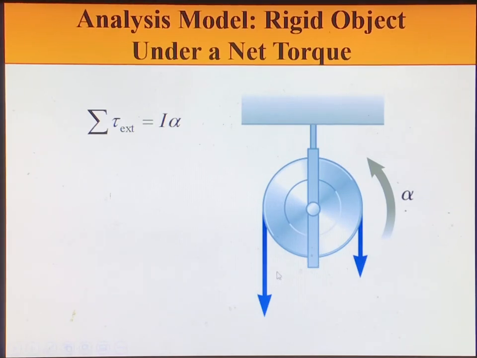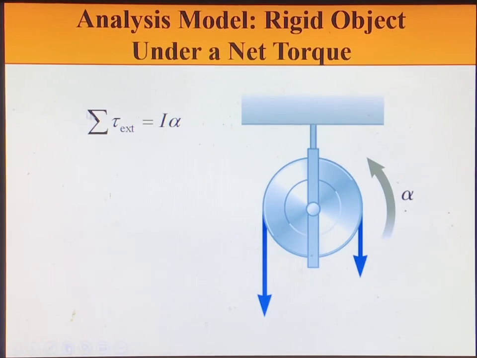In this example, this force produces a counterclockwise torque and this force produces a clockwise torque. Because this force is greater than this force, the counterclockwise torque is greater than the clockwise torque, and you end up with an angular acceleration in the counterclockwise direction.